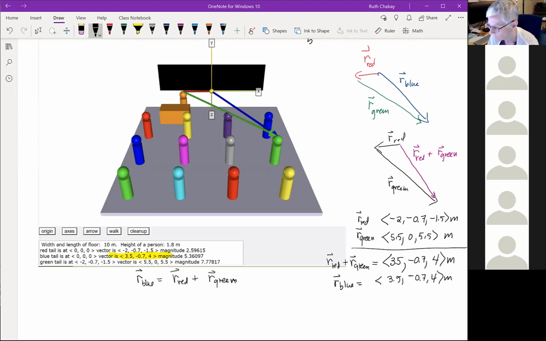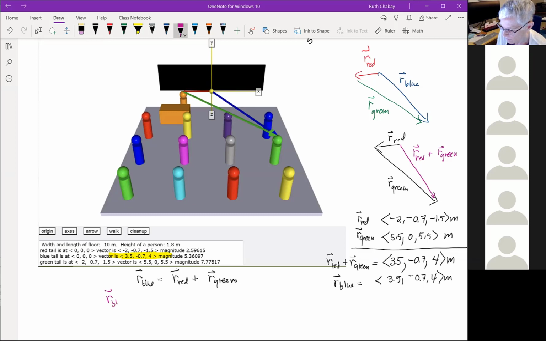Now, looking at this diagram, if we guess that vector algebra is like ordinary algebra, we could rearrange this. Suppose we subtract R red from both sides.